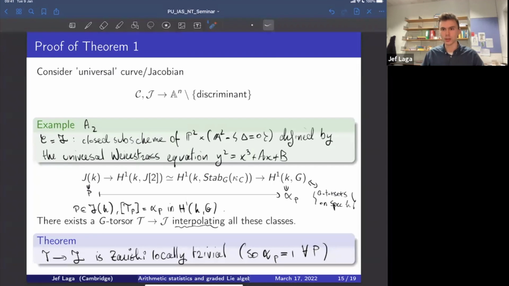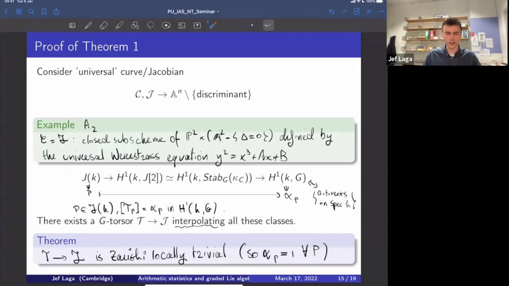If you take PGLN or PGL2 from our example, it turns out that G will often be an orthogonal group, and then that will certainly not be the case. It will only be étale locally trivial a priori. Okay, so that's the main theorem I want to explain how to prove.